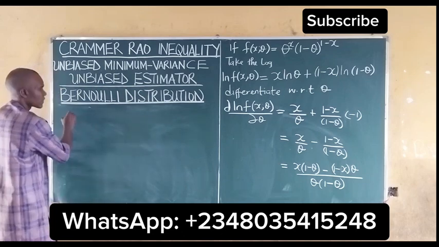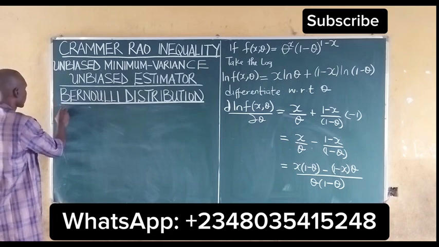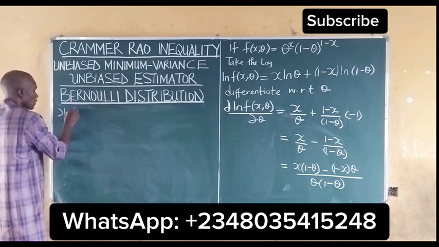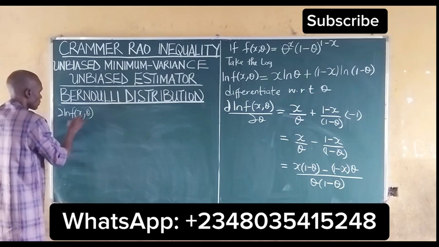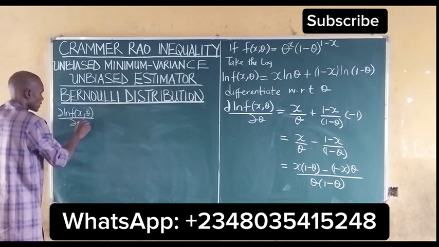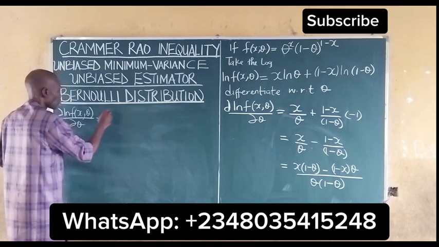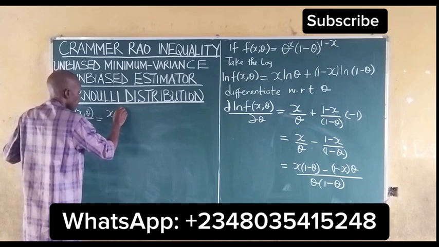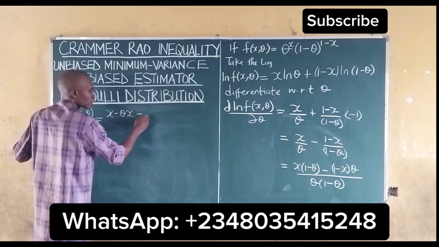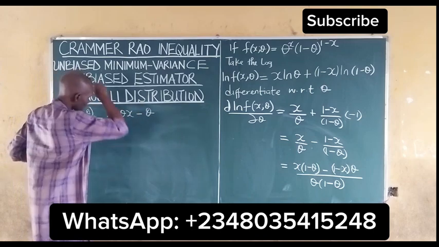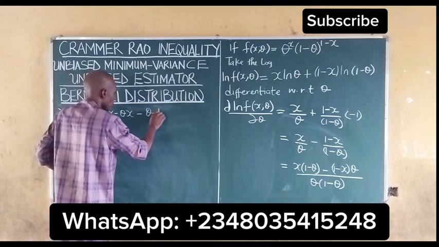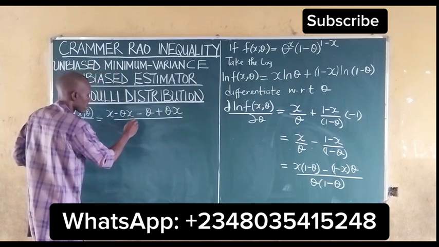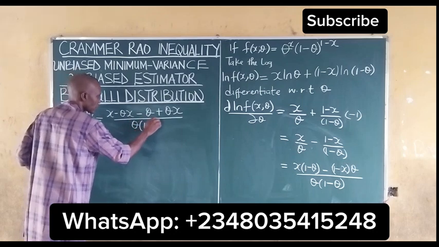So we have the derivative of the log of our function with respect to theta equal to, if we open that bracket, x minus theta x minus theta plus theta x all over theta into 1 minus theta.